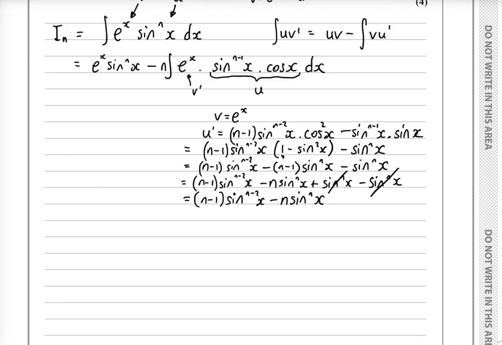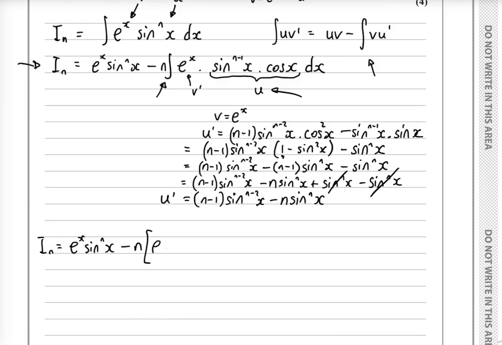So all of that work was differentiating u from this expression here in order to put it back into the integration by parts formula. From our line up here, this is equals, and we've still got that e to the x sine to the nx term in front, and then minus n lots of, the integration by parts formula on this integral is uv.